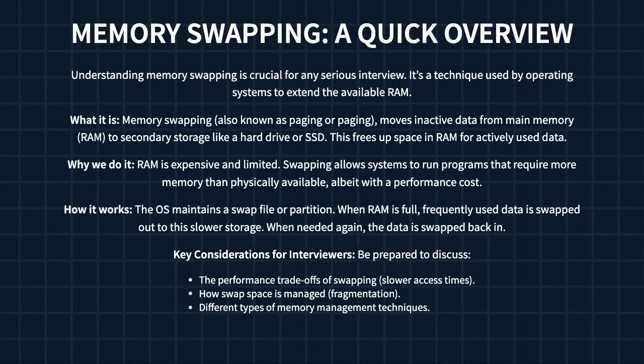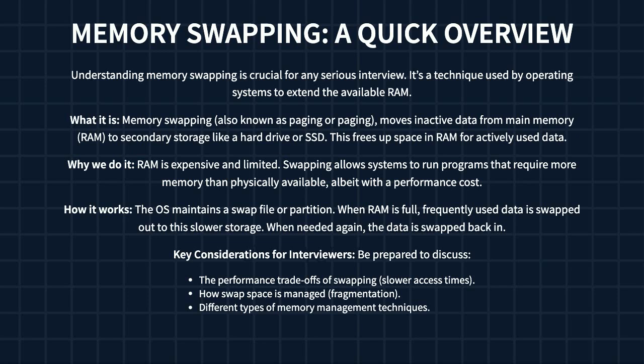Okay, let's talk about memory swapping. Basically, it's a clever way for computers to handle situations where they don't have enough RAM to run everything at once. Think of your computer's RAM as its short-term memory, fast and easy to access. But RAM is limited, right? Swapping lets the system use a portion of your hard drive or SSD as an extension of that RAM.